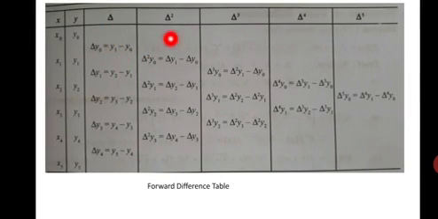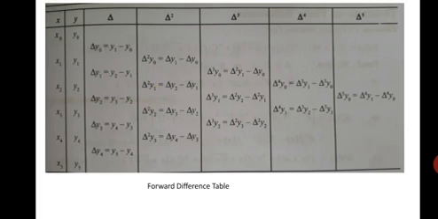Similarly, I can go for delta square. How we can get it is, if you take the difference of delta of y1 minus delta of y0, it will give you the second forward difference, delta square of y0. Similarly, if you take the difference of delta of y2 minus delta of y1, right? It will give you the delta square of y1.